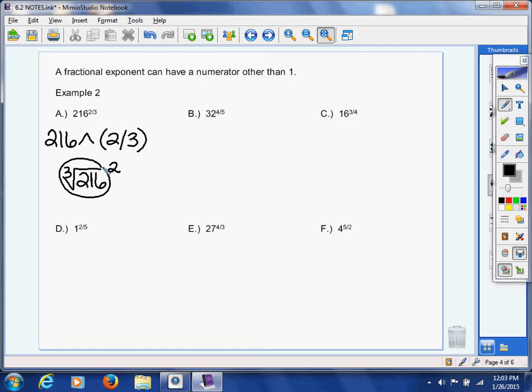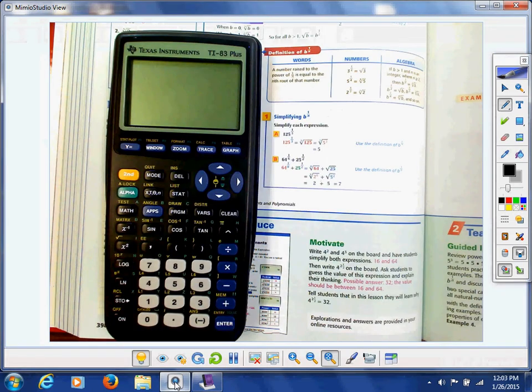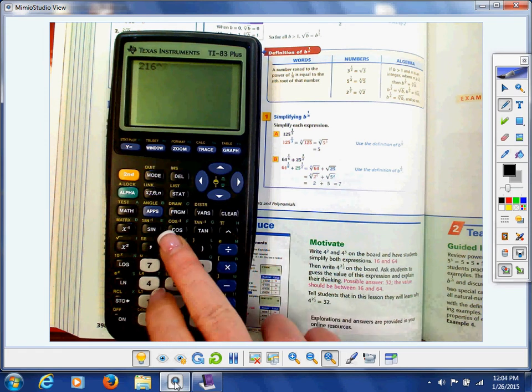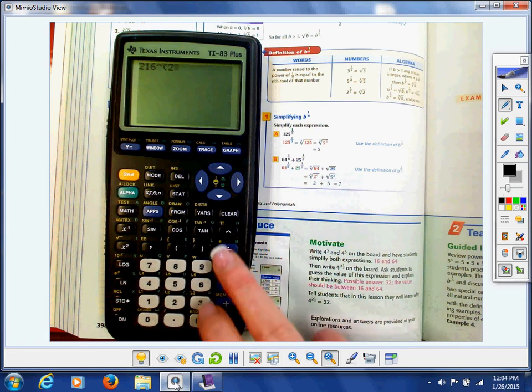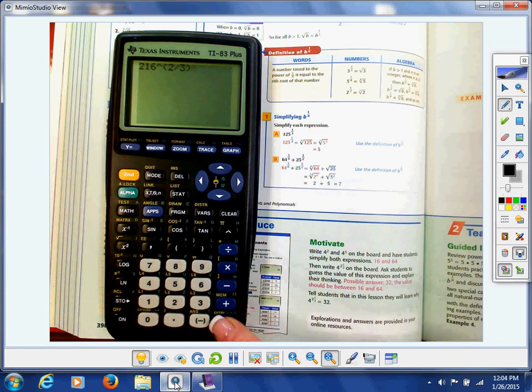So let me switch to our video mode here. And I think I'm going to turn my calculator back on. And let's take 216 and raise it to the 2/3 power, okay? And so type it in just like you normally do, like I showed you in the last one, except just note this time the difference will be instead of 1/3 power, it's going to be an exponent of 2/3.